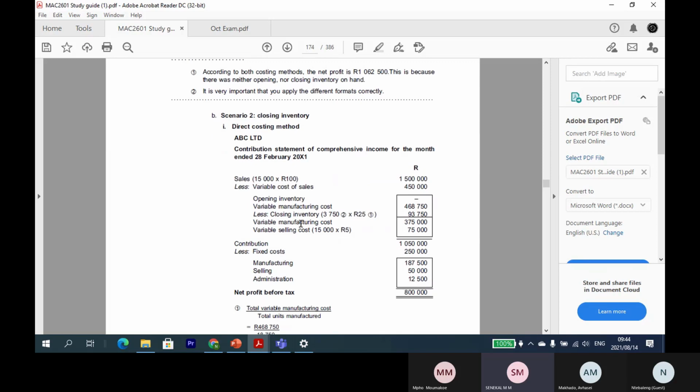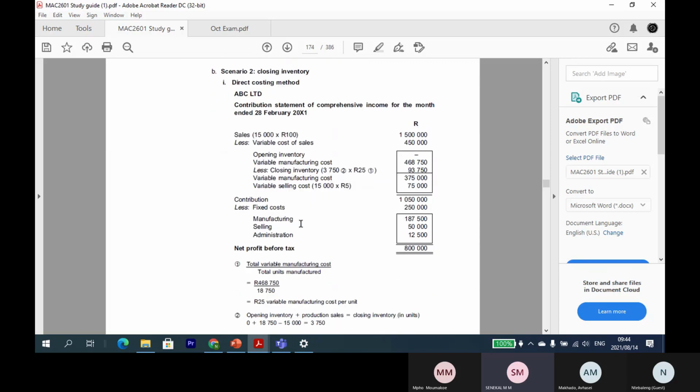Because these are variable costs per unit, the total amount is going to vary according to the products sold or manufactured.